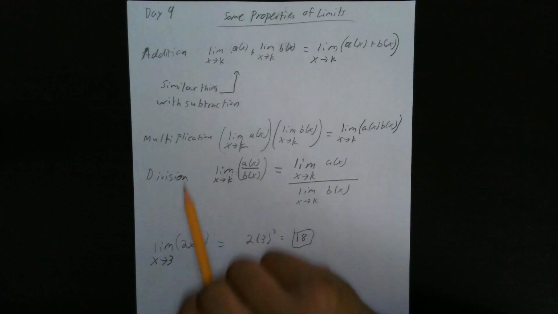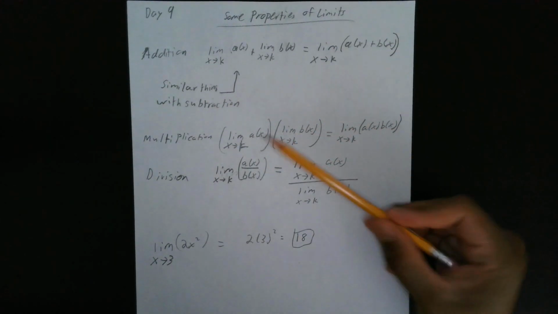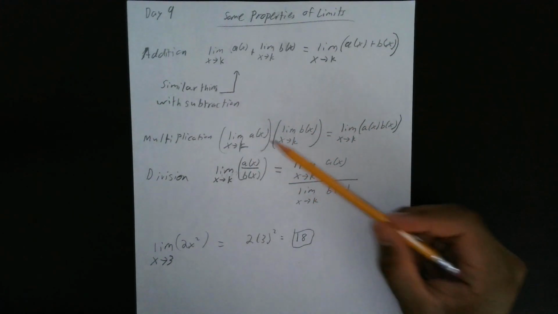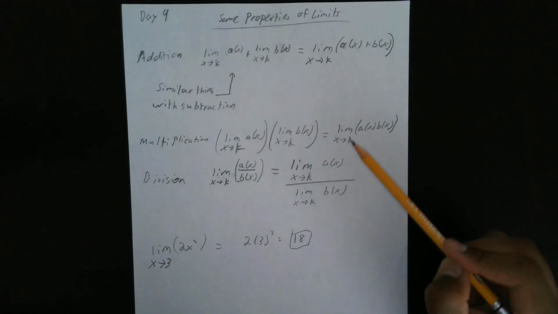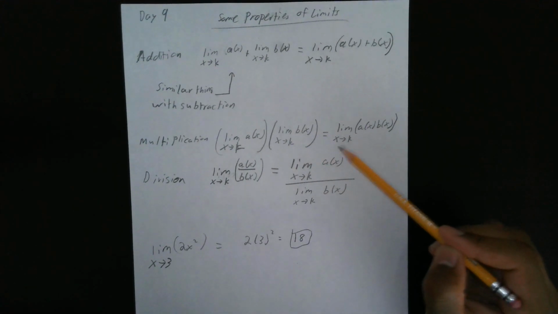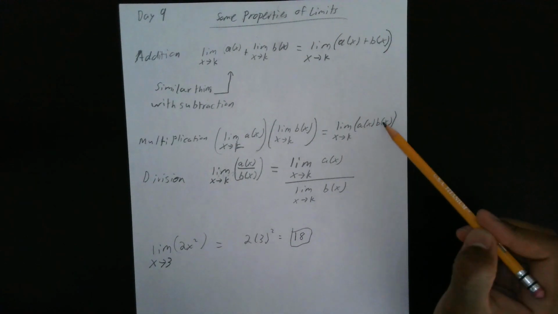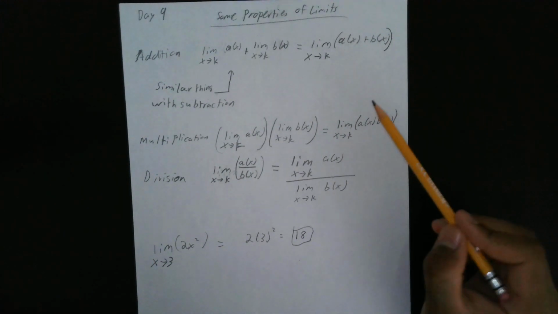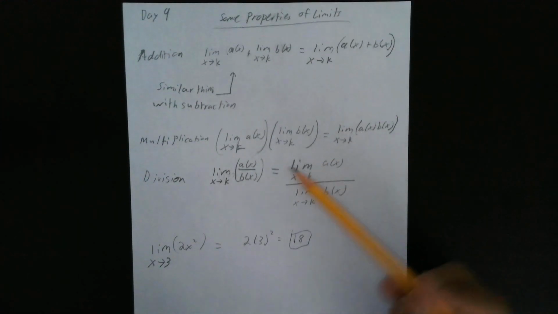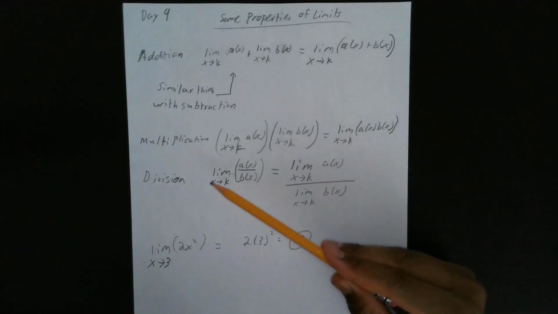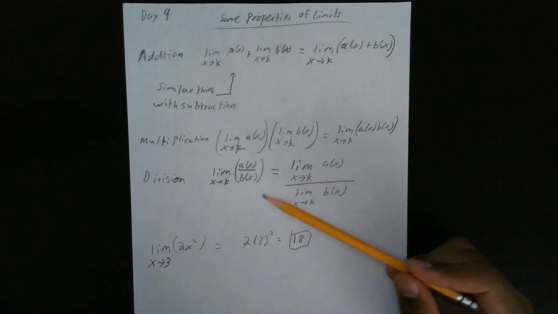Now look at multiplication. The limit as x approaches k of a of x times the limit as x approaches k of b of x is equal to the limit as x approaches k of a of x times b of x. So again, we can combine them into one expression. And then here we have division.